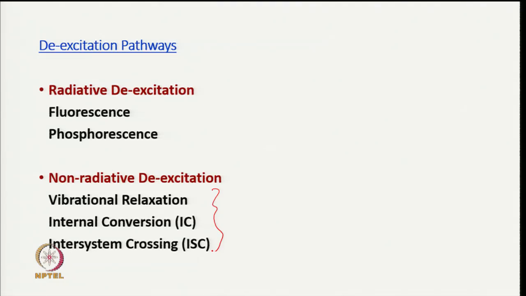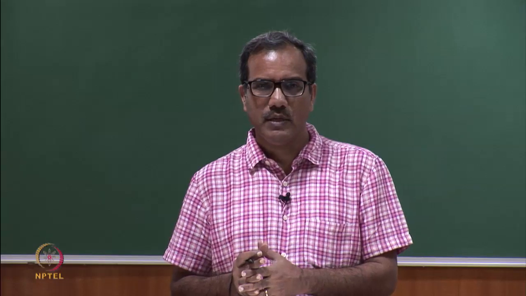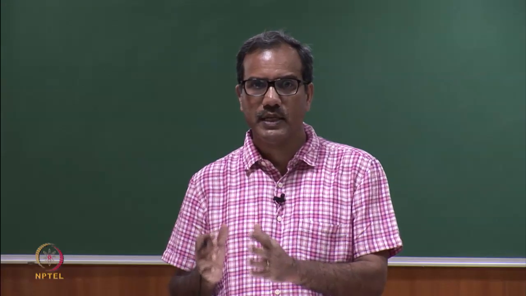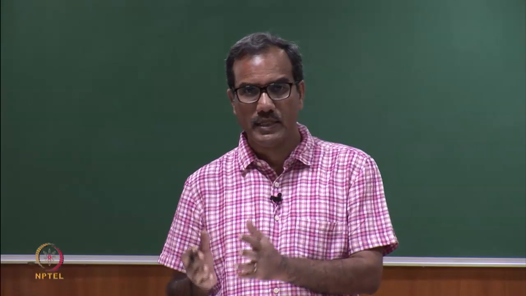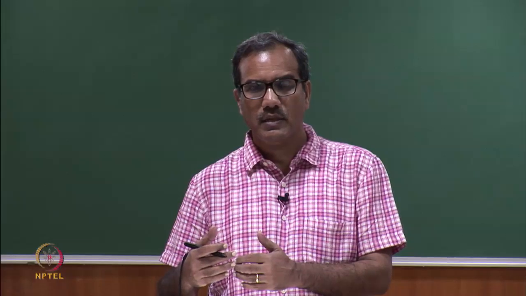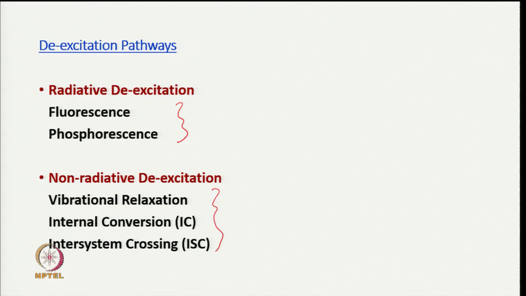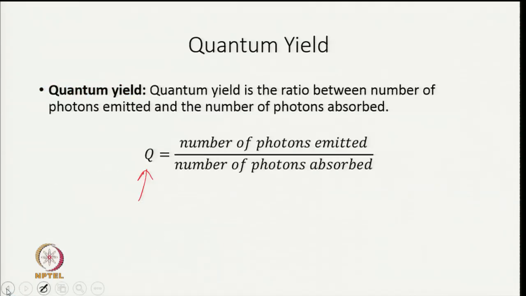I discussed a bit about that in the last chapter, but these are the three non-radiative de-excitations, and these are the radiative de-excitation, which happens with the emission of photons. So, the quantum yield for fluorescence is going to be less than 1, since fluorescence competes with these three processes.